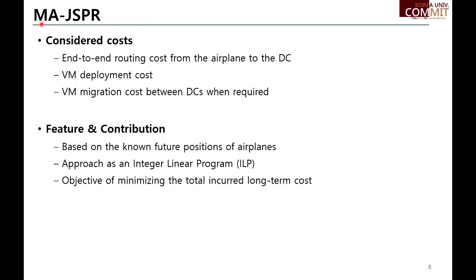These are features of MA-JSPR. This solution considers costs. First is the end-to-end routing cost from the airplane to the data center. Second is virtual machine deployment costs. And third is virtual machine migration cost between data centers when required. These costs are considered at once.